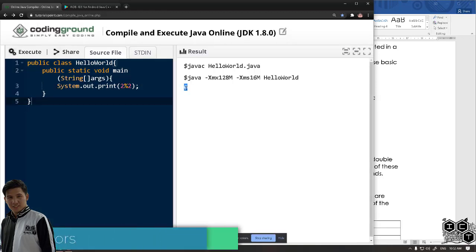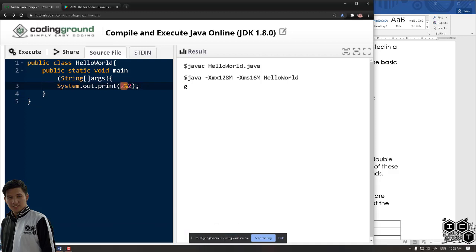The answer is 0. Bakit? Kasi when we divide 2 to 2, anong sagot niyan? 1, di ba? Pero, wala siyang remainder. If you were able to analyze that, 2 modulo 2 is equal to 0 because when we divide 2 to 2, the result is 1 with no remainders.